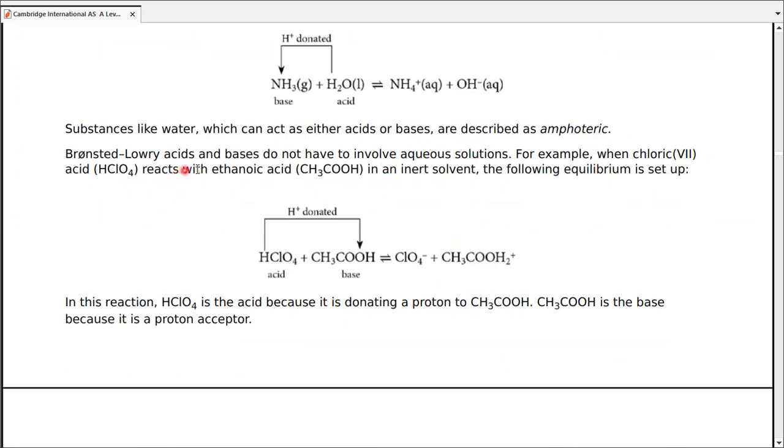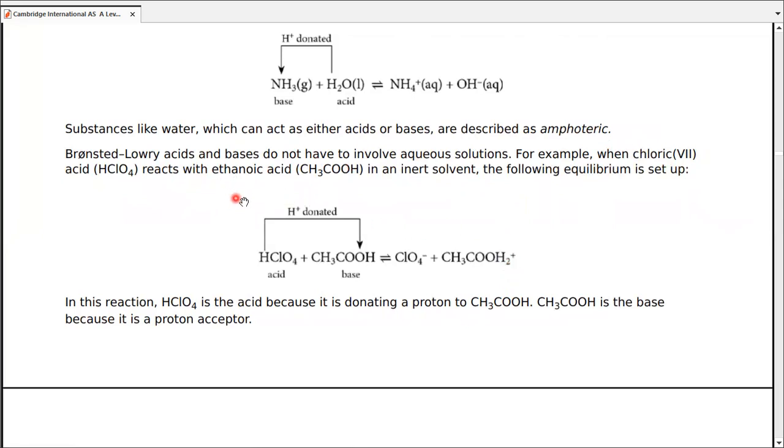Now, Lowry-Bronsted acids and bases do not have to involve aqueous solutions, and that is something which made the Lowry-Bronsted concept much more famous than the previous ones. For example, chloric 7 acid, HClO4, we also call it perchloric acid.